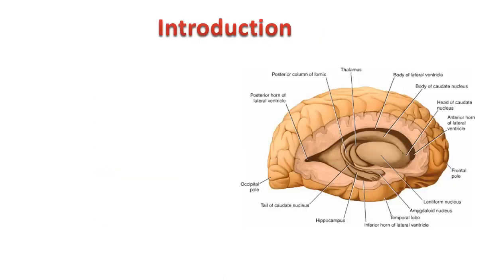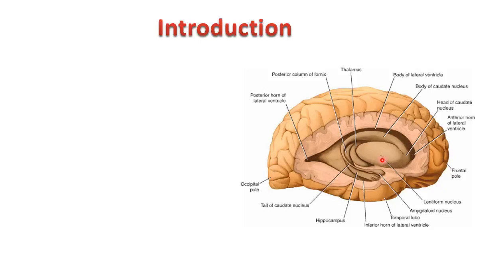Now, first of all, coming to the basal nuclei. Here you are able to see a mass of gray matter, which is somewhat tail-shaped, and roughly egg-shaped or biconvex lens-shaped. These are actually nuclei situated deep within the telencephalon.